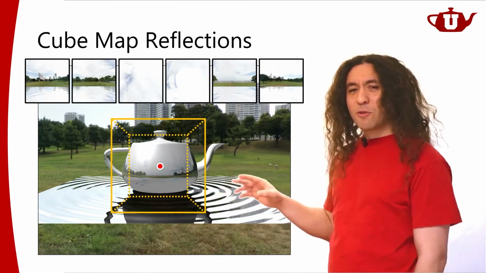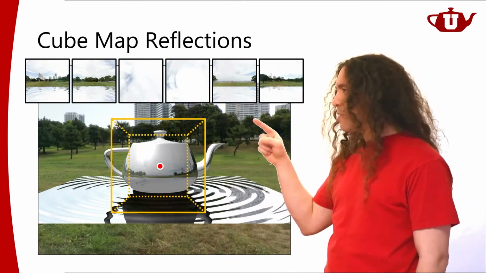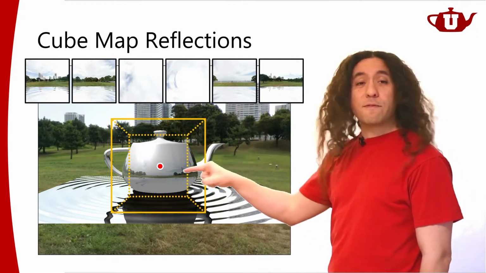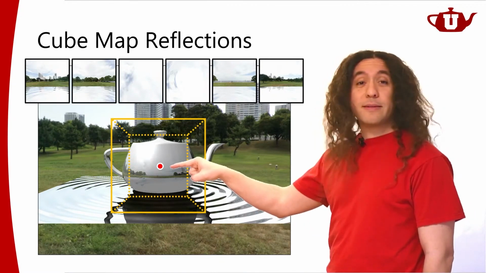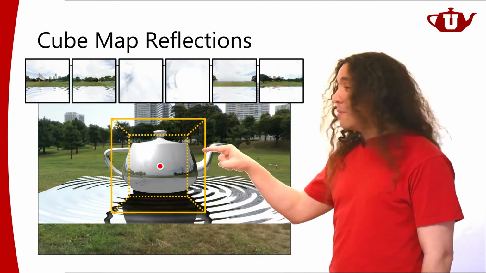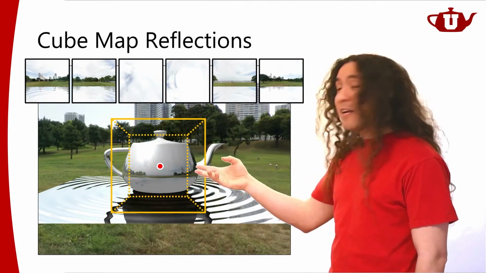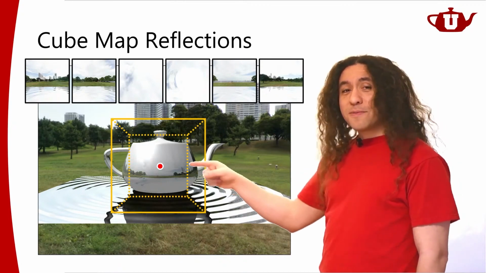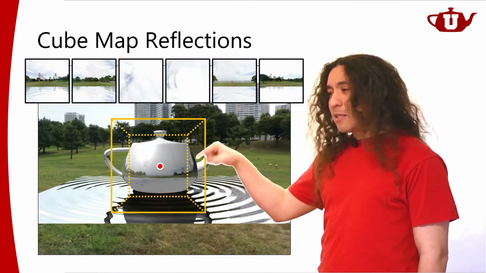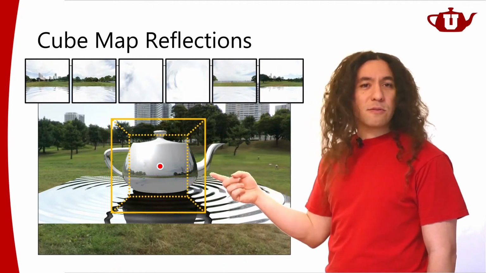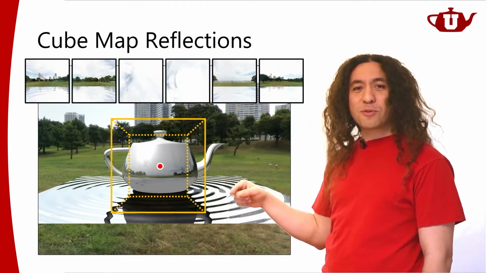It's sort of fake, because these cube map reflections are only correct for this one point in the middle of this object, but they're going to be incorrect for any point on the surface. Actually, even for this point, it's not reflecting the teapot itself. So there are no reflections of the teapot itself on the teapot, which is sort of weird. It's not what is supposed to happen.